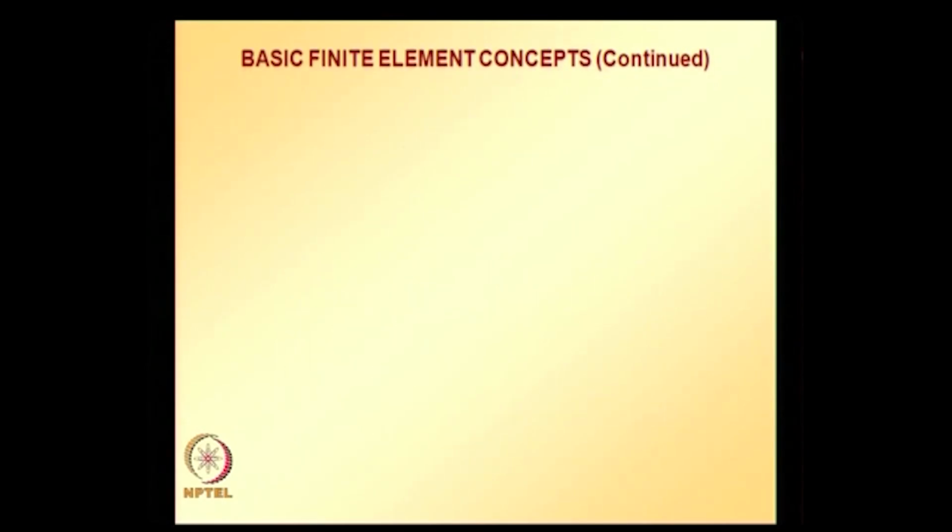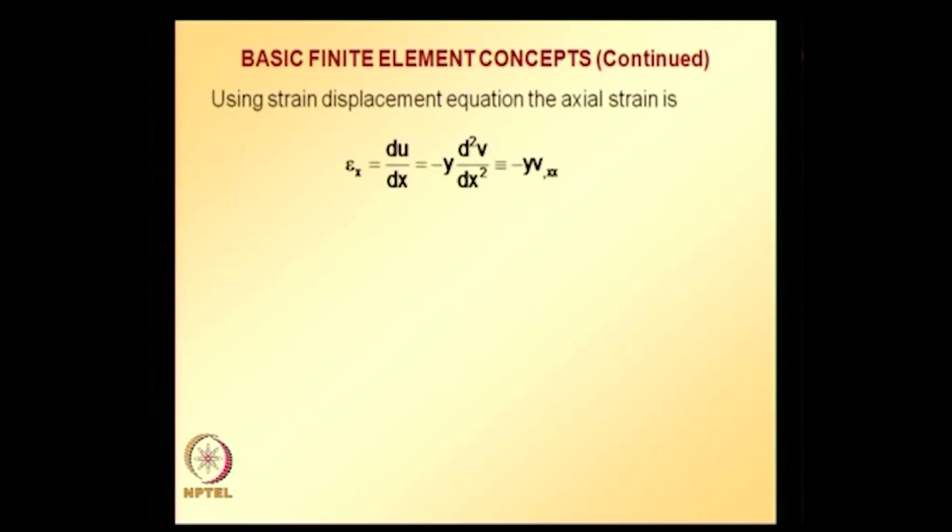Using the strain displacement equation, axial strain is given by epsilon equal to the derivative of u with respect to x. We just derived that u is minus y dv/dx, so taking the derivative of that we get this.